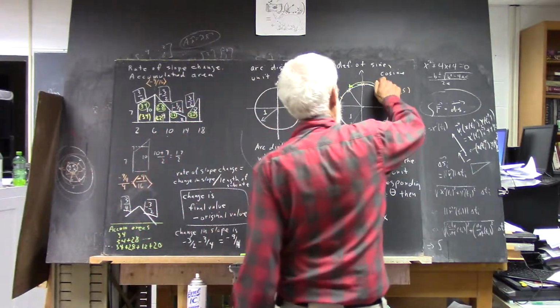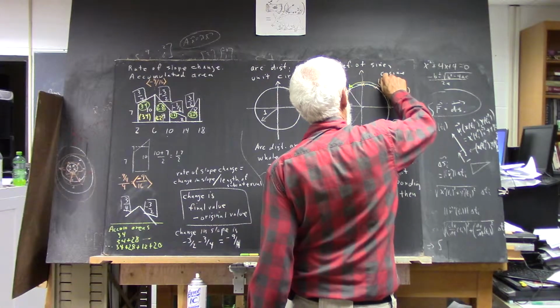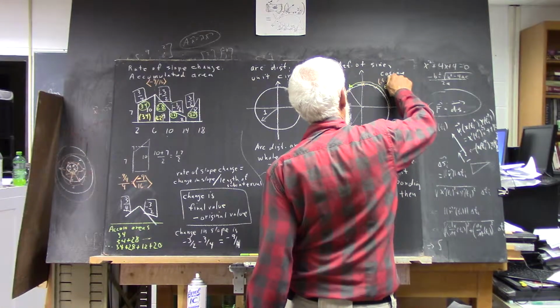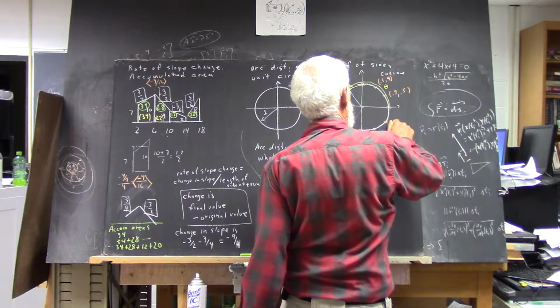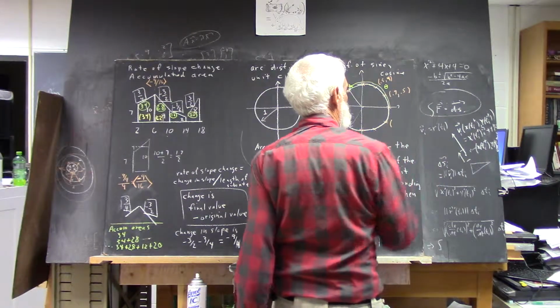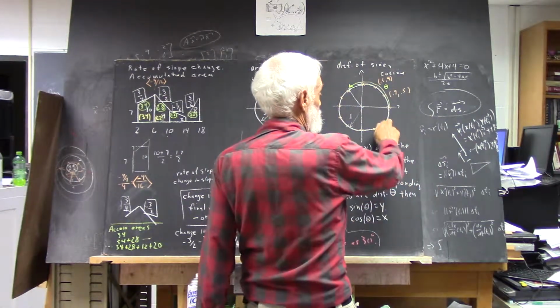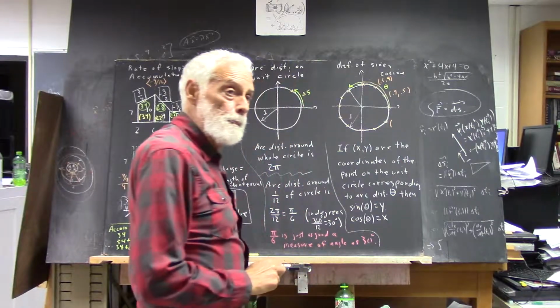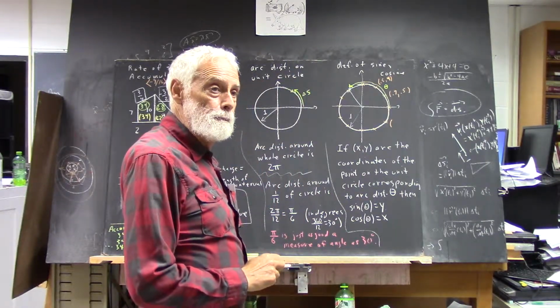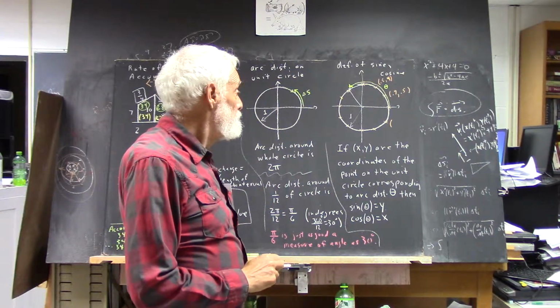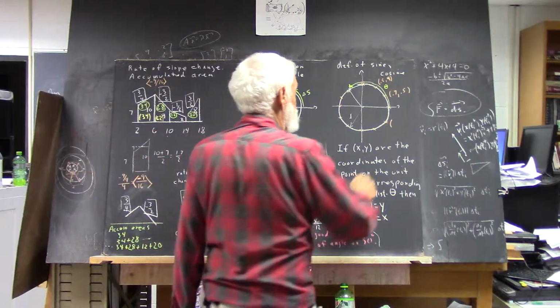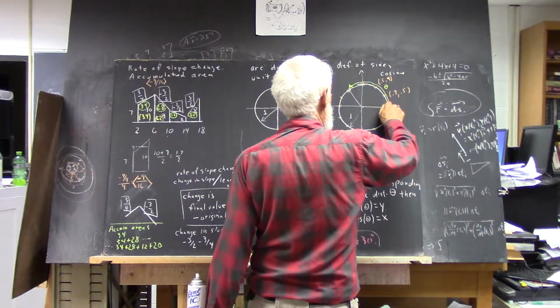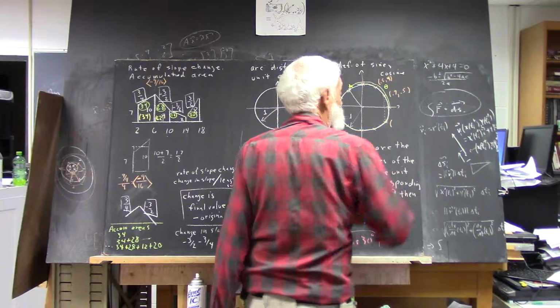And this point is 0.5, 0.9. What's this point? Well, if this point projects here, then so does this point, doesn't it?